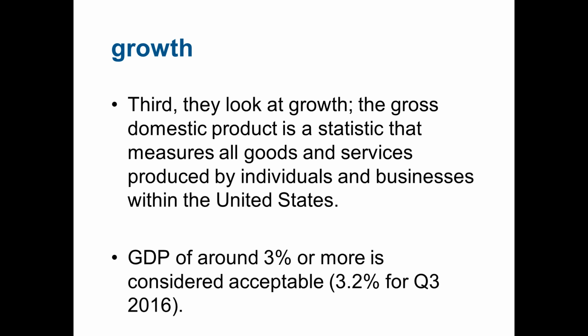Obviously, it's desirable to have more production in the economy, and the most commonly used metric of growth is GDP. So GDP, standing for Gross Domestic Product, is just a way to calculate the value of all of the goods and services produced in the United States over a certain time frame. Most commonly, it's measured on a quarterly basis, year over year.